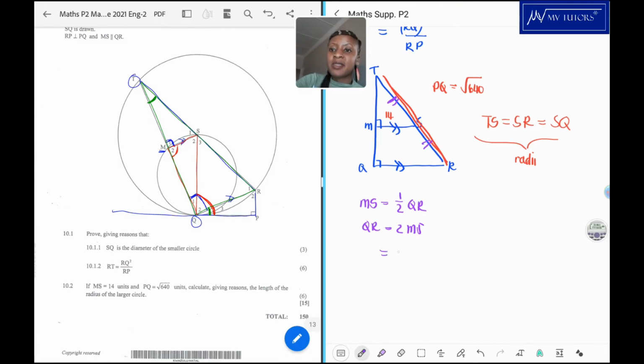We know that MS is 14, so 2 times 14 becomes 28 units. So I have the length of QR.